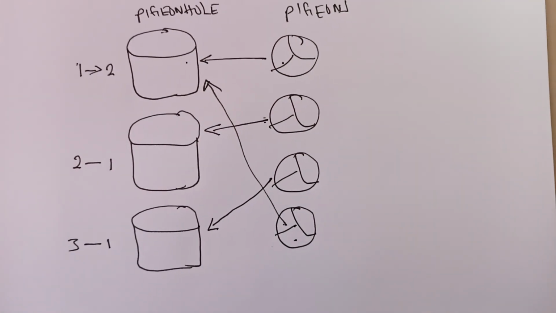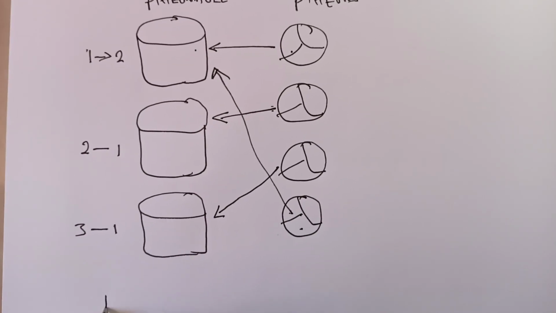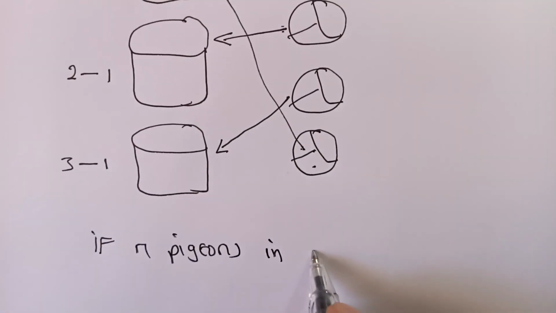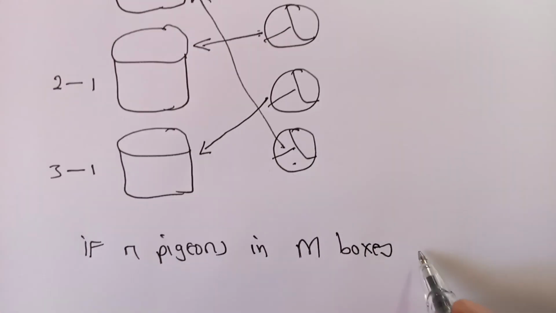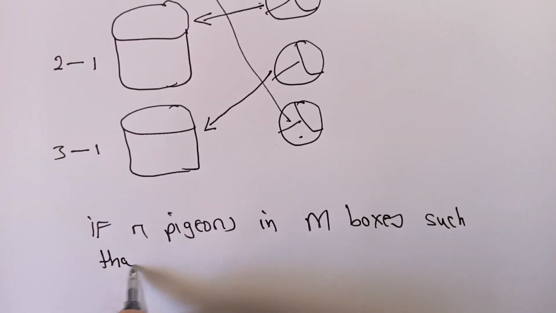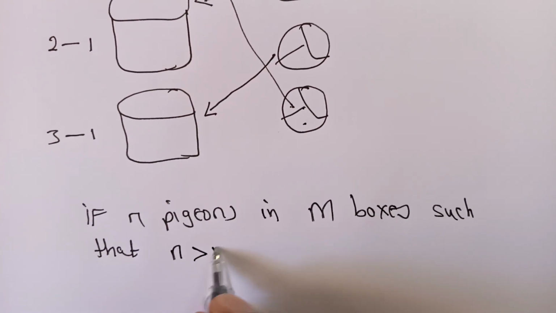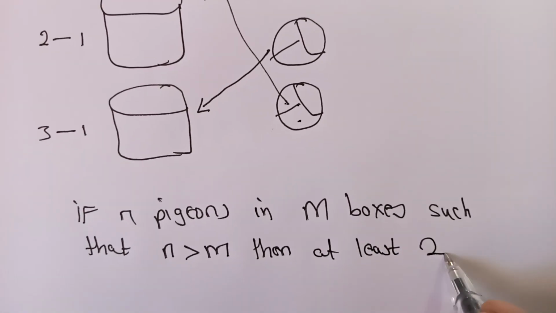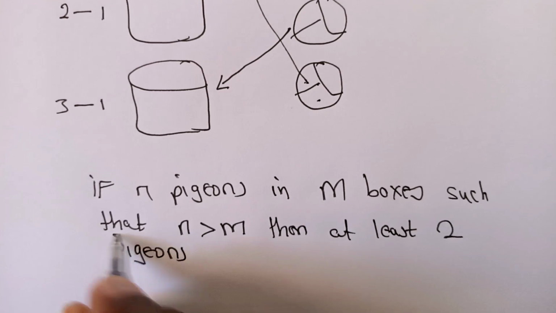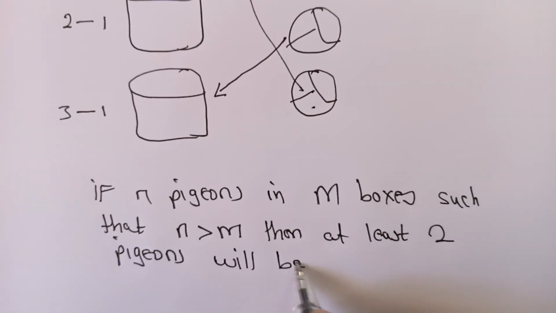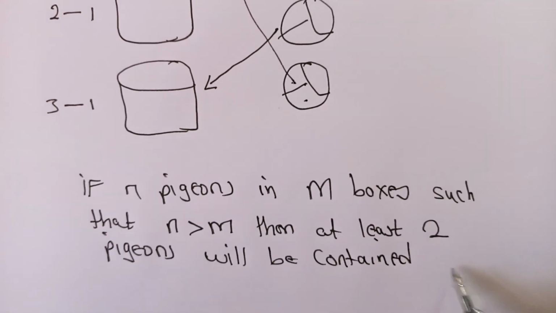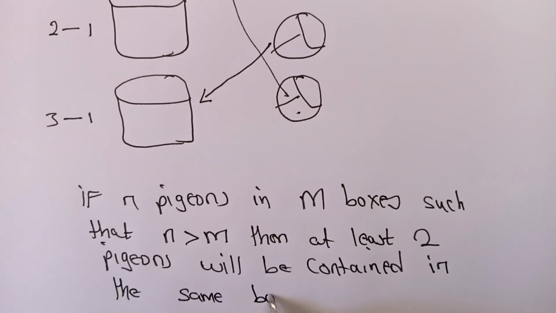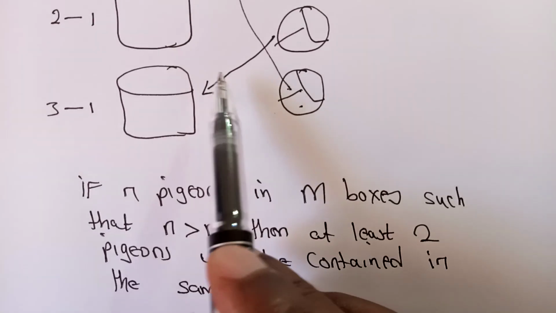Therefore, the principle states that if n pigeons are in m boxes such that n is greater than m, then at least 2 pigeons will be contained in the same box, as we've seen in the scenario up here.